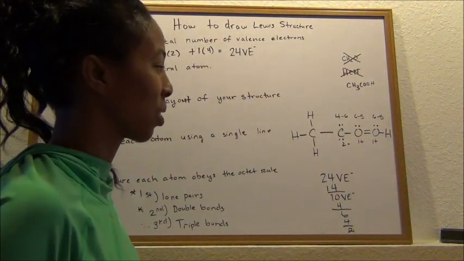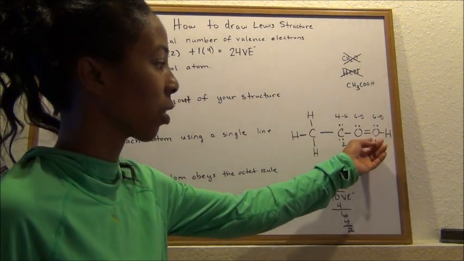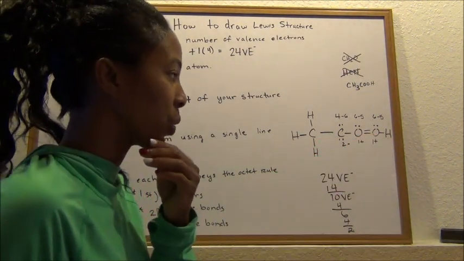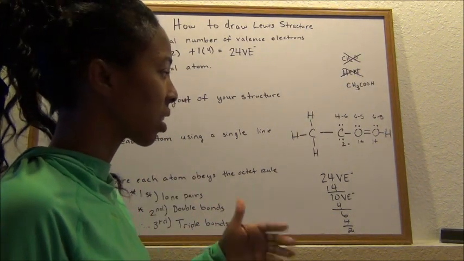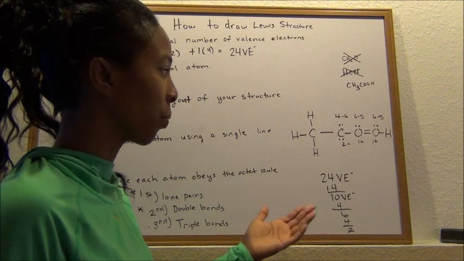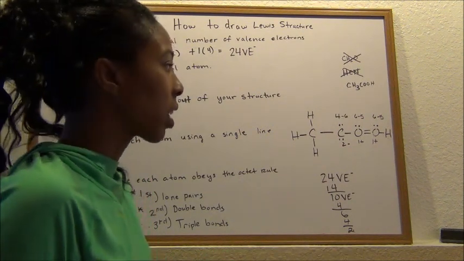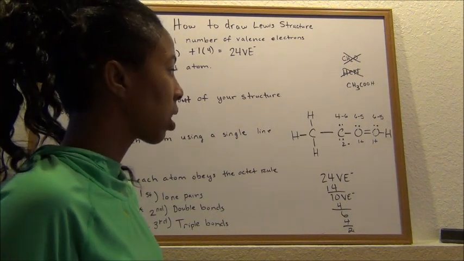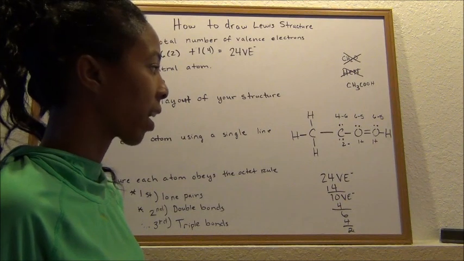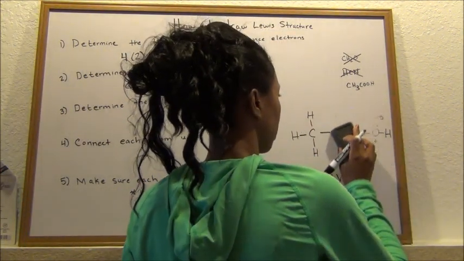4 minus 6, 2 negative. So here I have 2 electron deficient atoms right next to each other. So this indicates to me that this is not the correct structure of acetic acid, that it must be placed together incorrectly. So I'm going to go back and I'm going to restructure this part.